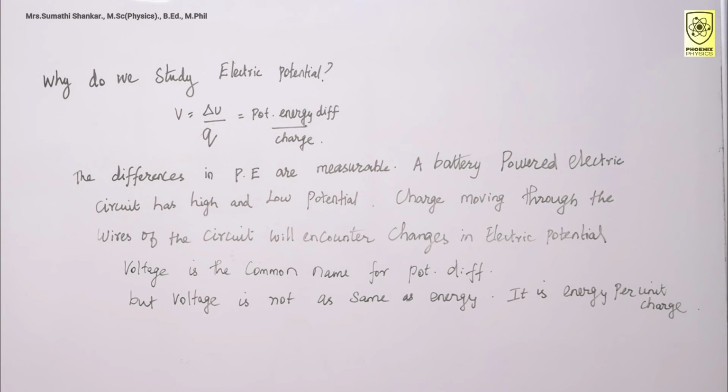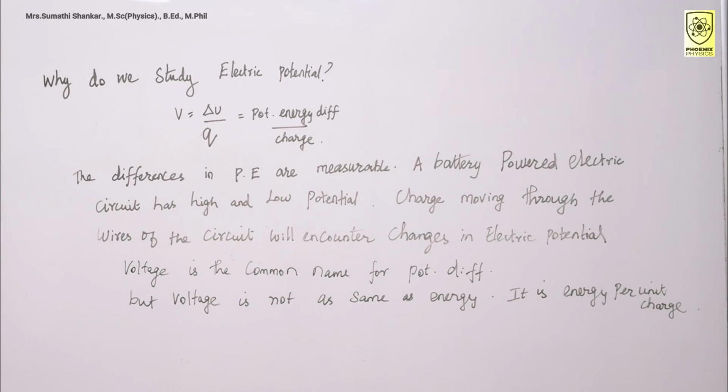Why do we study electric potential? You know the formula: electric potential V is equal to delta U by Q. Delta U means potential energy difference, and Q is nothing but a charge. So potential energy difference divided by charge is electric potential. Here the differences in potential energy are easily measurable.